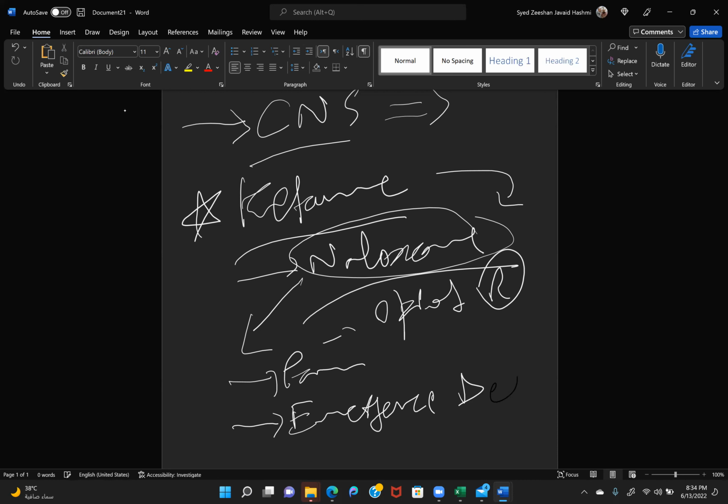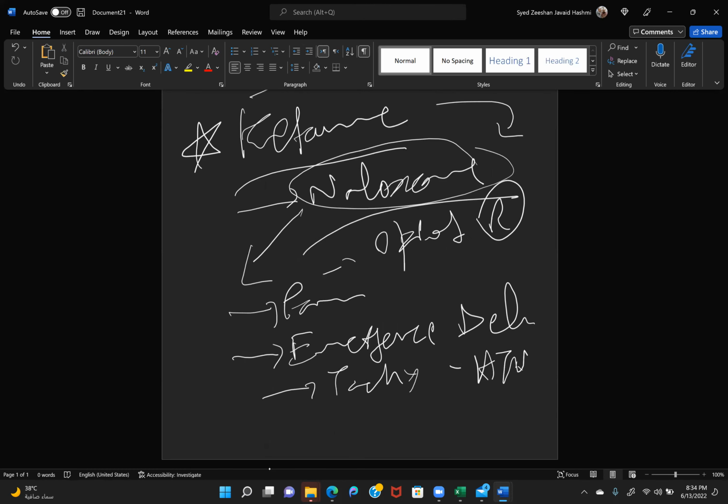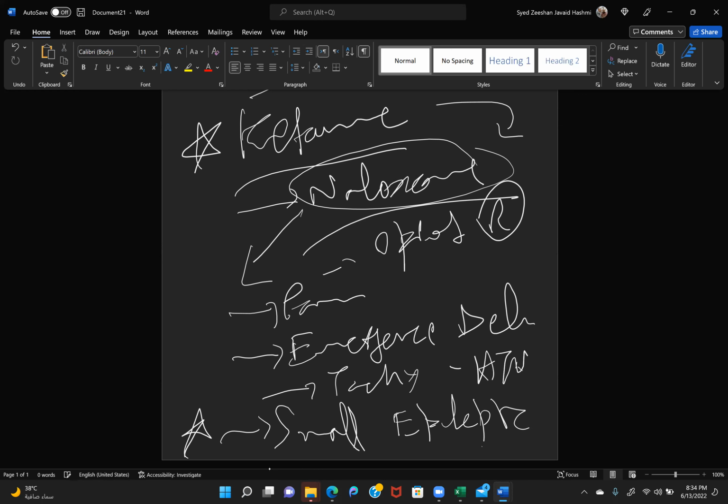The patient may become tachycardic and hypertensive. These are the things you should expect when using even naloxone, even flumazenil, even doxapram. By the way, I myself have seen small epileptic activity with doxapram.